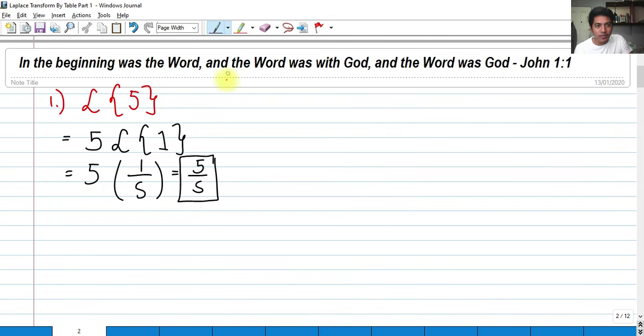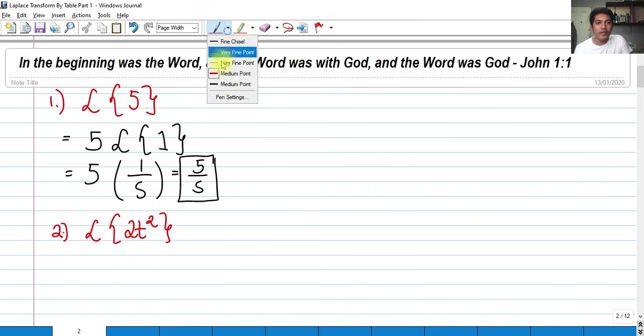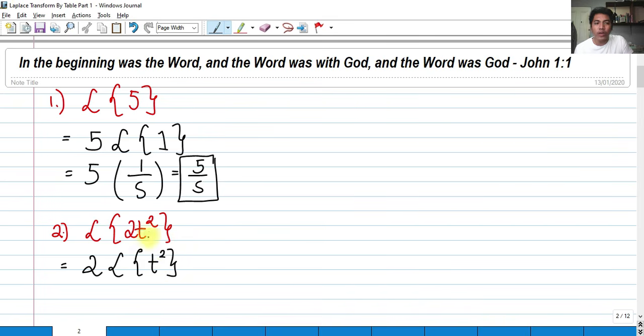So let's move on now to our second problem. Find the Laplace transform of 2t squared. Again, it's advisable to factor out the constant outside of the Laplace transform, and we have t squared here. You can only do that if the operation is multiplication.